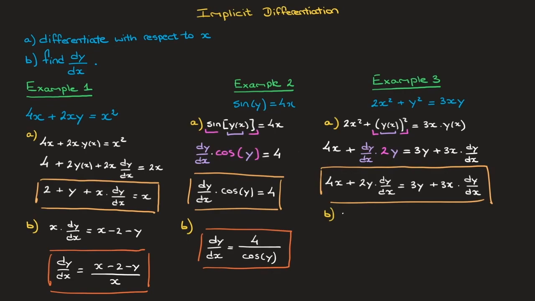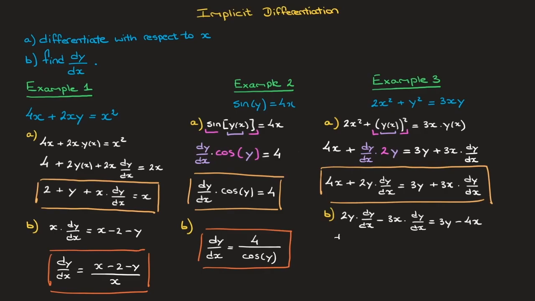And that leads to 2y times dy/dx minus 3x times dy/dx, and that equals 3y minus 4x. And now both terms on the left-hand side have dy/dx as a factor, so I place dy/dx as a factor to the entire left-hand side.